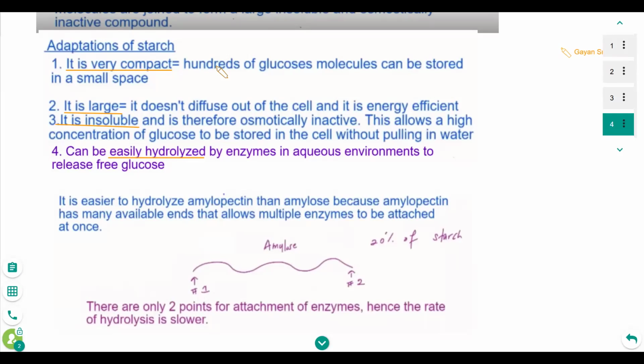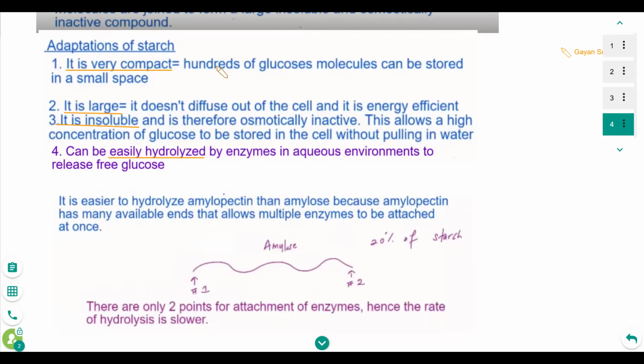So guys, as we're saying now, amylopectin, because of the branches, has more points for the enzymes to be attached. So it's much quicker to get the glucose from amylopectin than it is to get it from amylose, right? And that is a very important difference, right? Because there are times when animals need to be able to access that glucose very quickly.